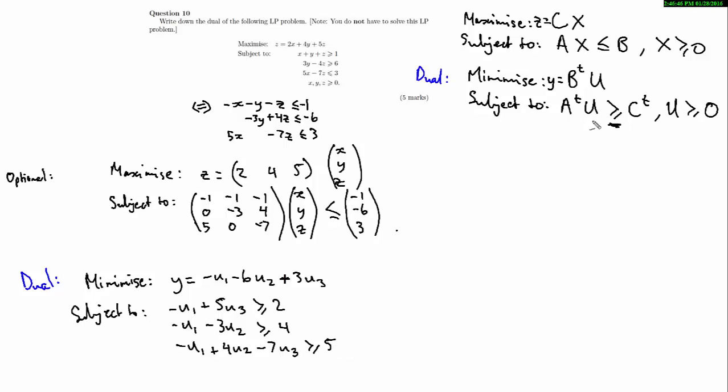Okay, so we've written out our constraints, and finally and importantly we have to write out that each one of the variables U1, U2 and U3 are all greater than or equal to 0, and you have to write that for full marks in this question.